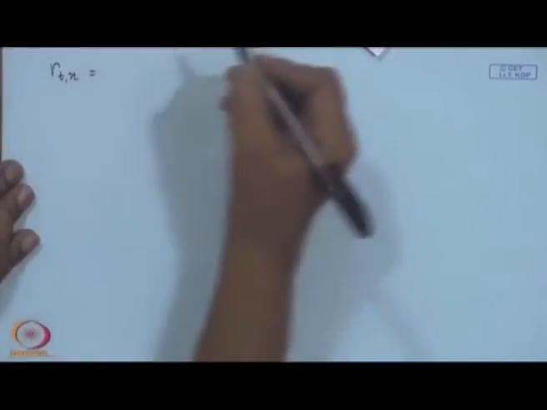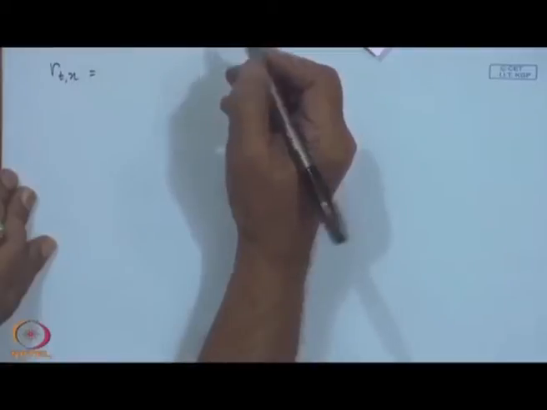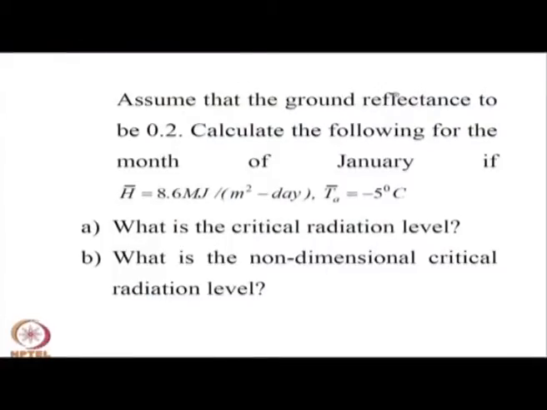Now, we will go for estimating r t at noon time, because what was the first question? The first question was, what is the critical radiation level? If I want, I can calculate F R U L into (T i minus T a) by something, from which we have to calculate the non-dimensional critical level.